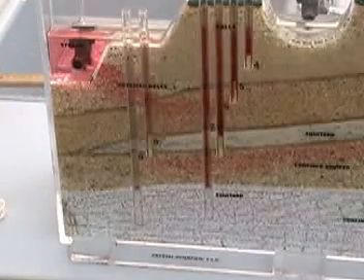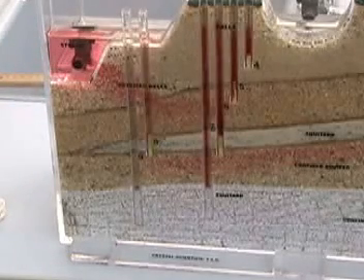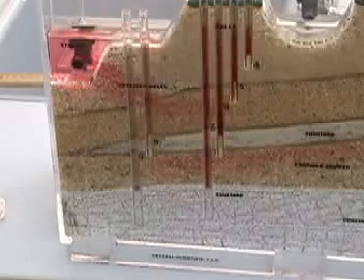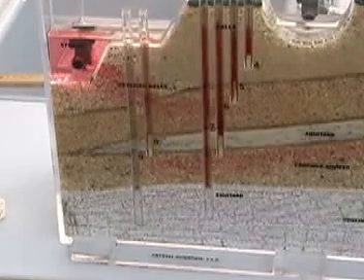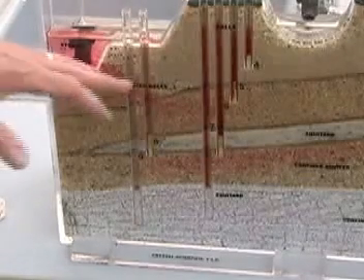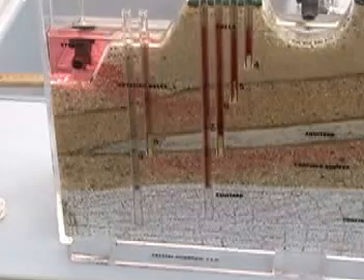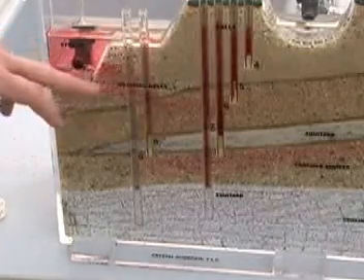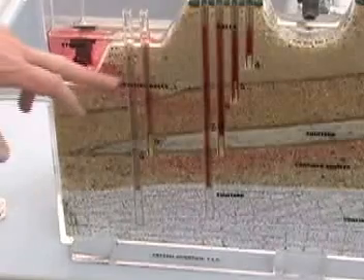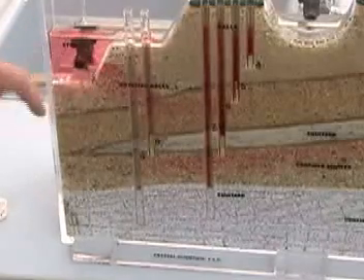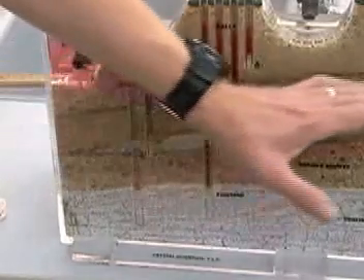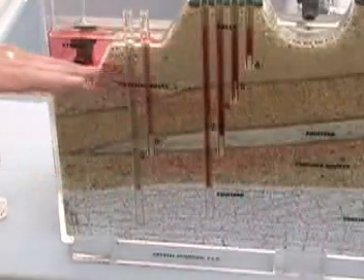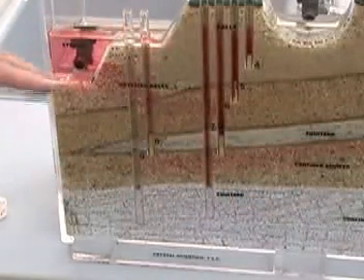And that's why streams can run when there's no rain. There are some streams that only run in the case of a rainfall, and a lot of the streams out west in the desert areas only run when it rains. But here, this stream is being spring-fed, and you can see the dye coming in. So you can see that the water traveling through the aquifer is actually feeding the stream.